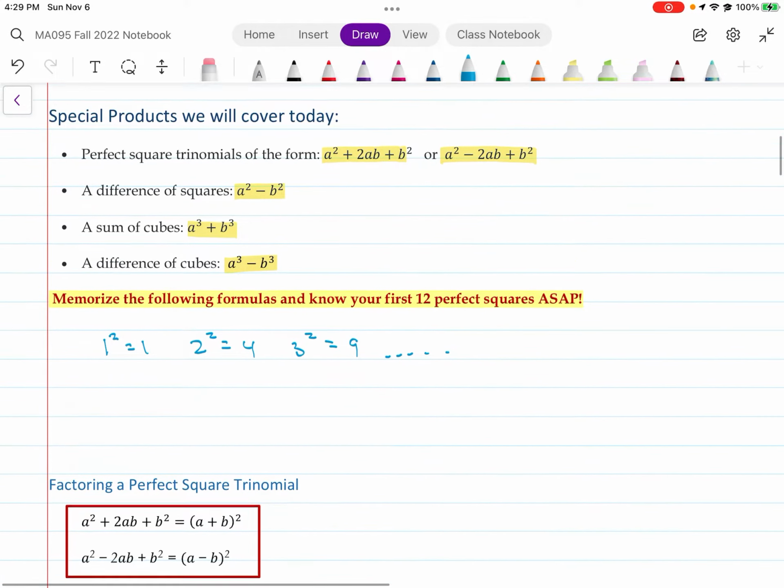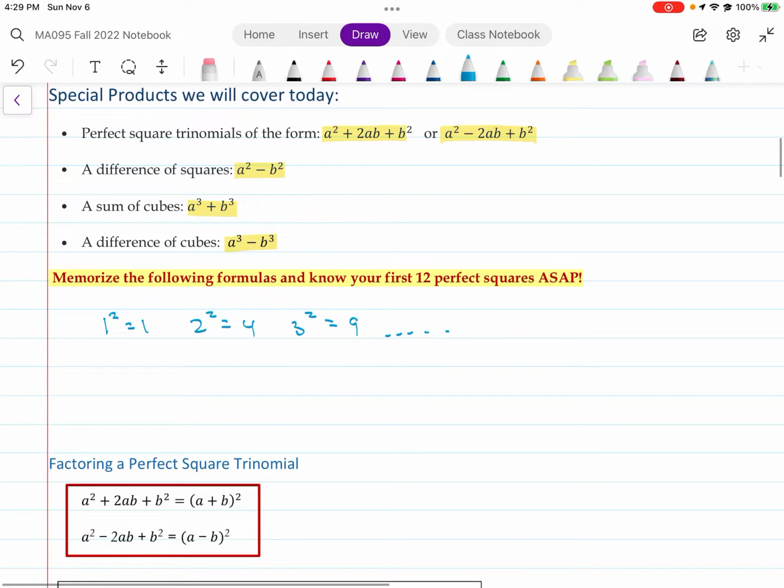All right, so factoring a perfect square trinomial. So we just worked it the other way. We multiplied, and now we have to know the factoring. Multiplying is easy because you can just FOIL it and figure it out. But factoring, if you can recognize that this is double this one times this one, right?